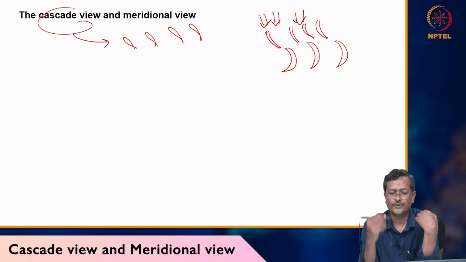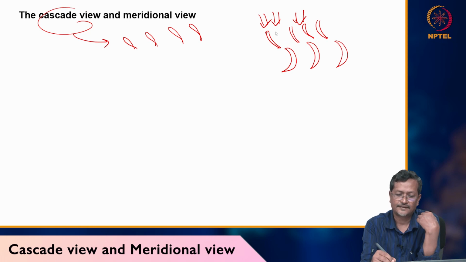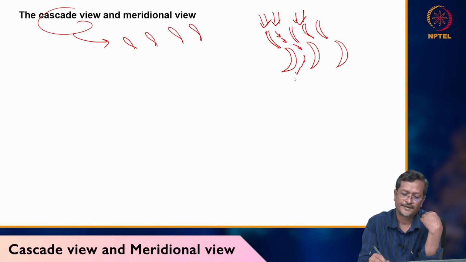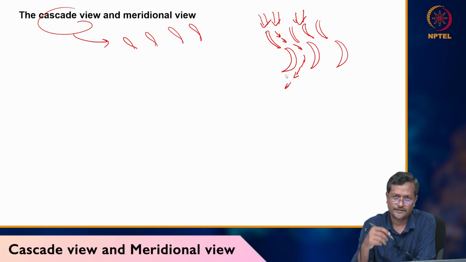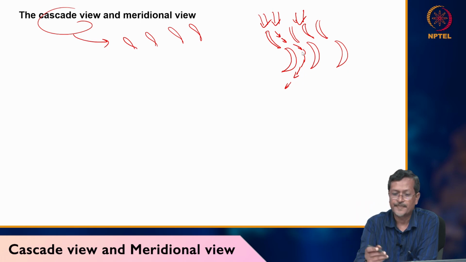So what it will do, it will give the proper angle. So fluid is coming like this, and it will be exiting like this. When momentum is getting transferred or changed, or direction is changing, when the fluid is changing direction, it will be giving energy to the turbine blade.